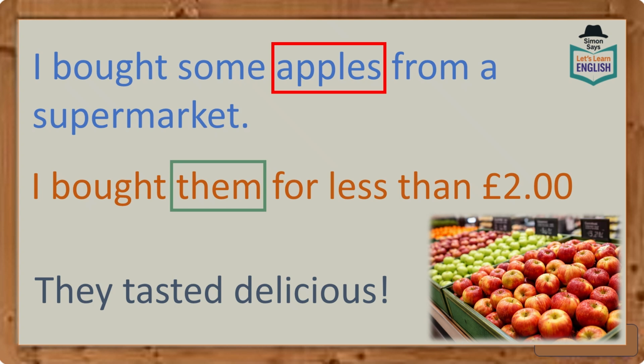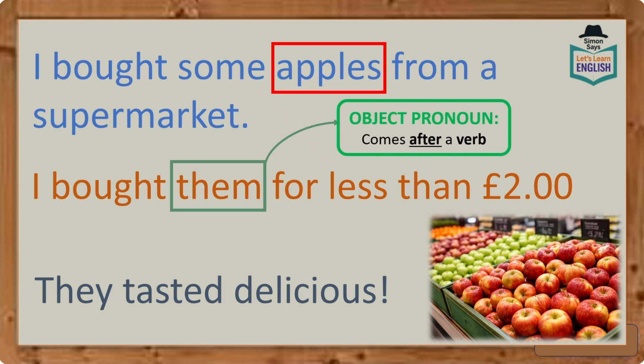In this case, them is an object pronoun because it comes after the verb bought. Now remember that an object pronoun comes after a verb or an action.